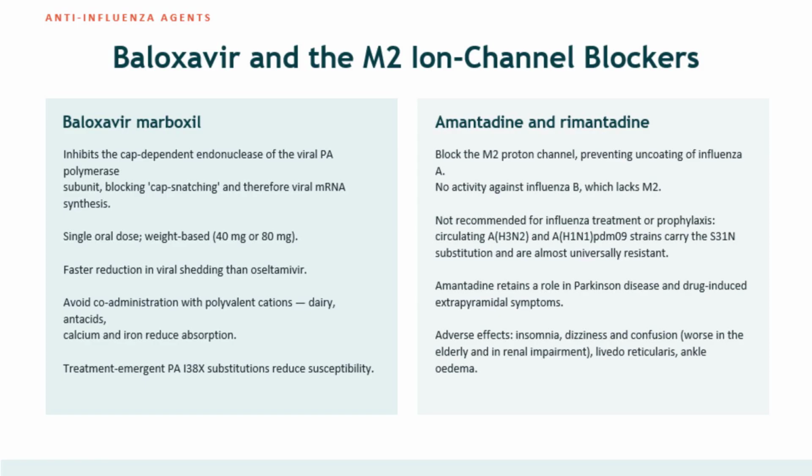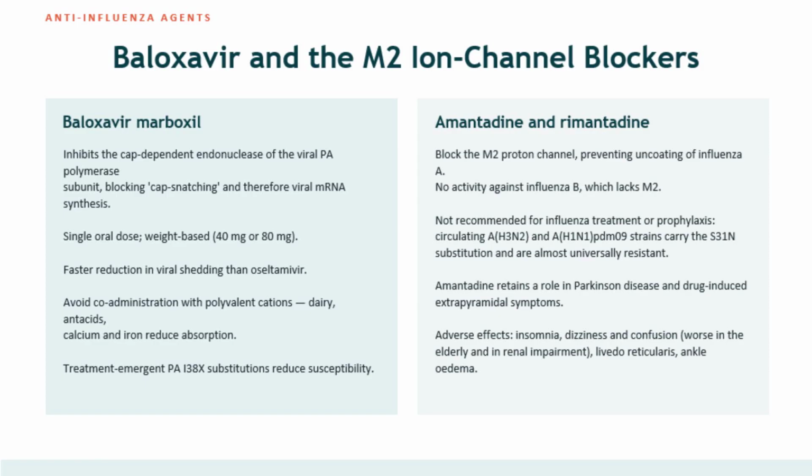One practical trap: don't take it with milk, antacids, calcium or iron, because those cations bind the drug and absorption collapses. On the right, the adamantanes. These block the M2 proton channel and prevent uncoating, and for influenza A they worked well until a single amino acid change, S31N, spread through circulating strains.